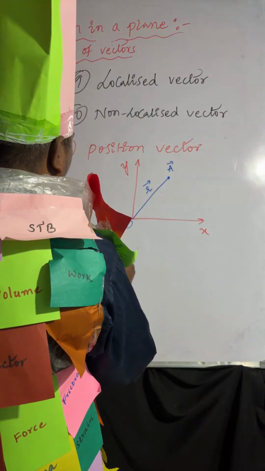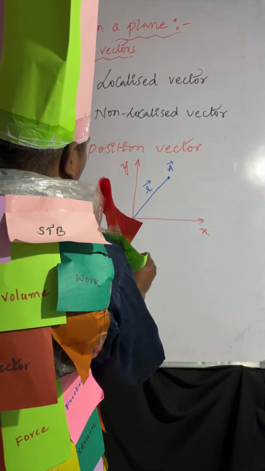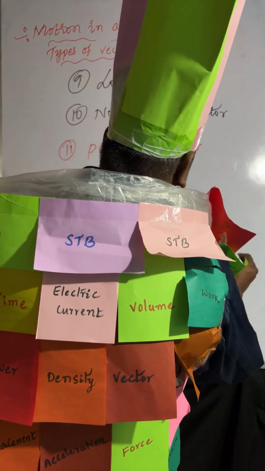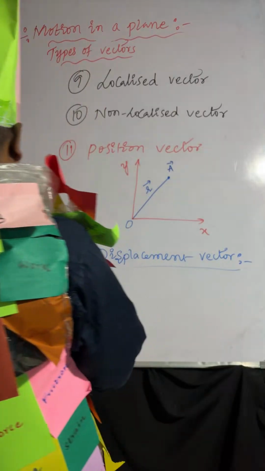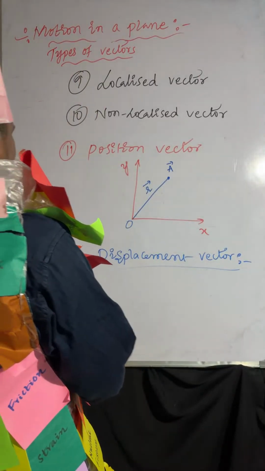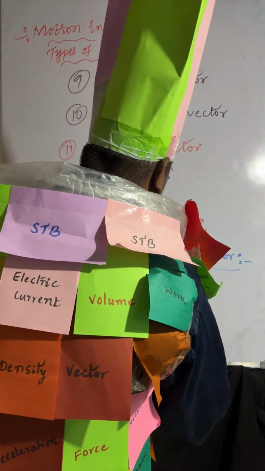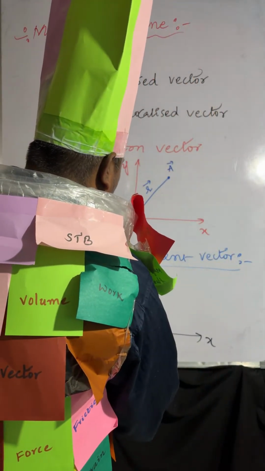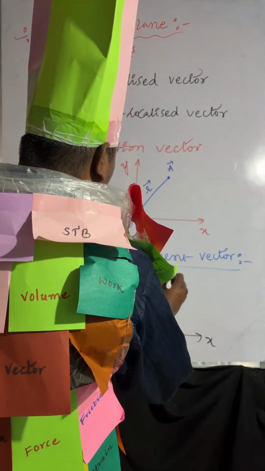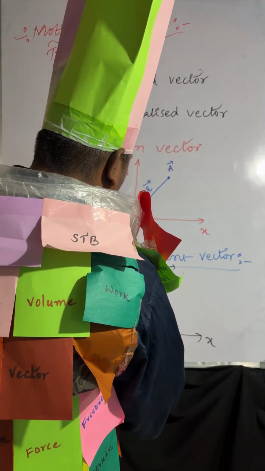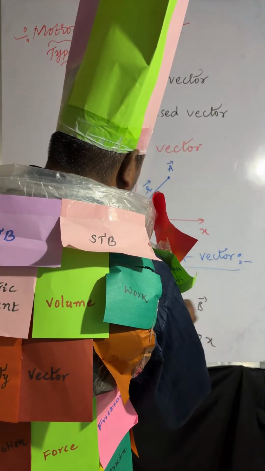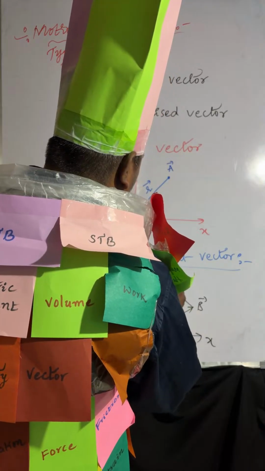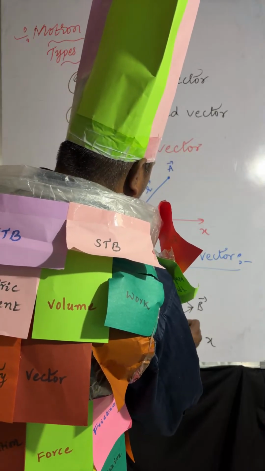Coming to displacement vector. Okay. So here you can observe I am taking x-axis, y-axis, and here this is A bar, and this is B bar. So R1 bar, this is R2 bar.